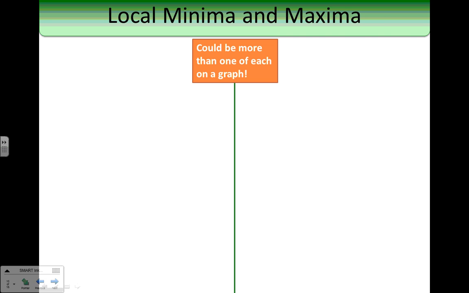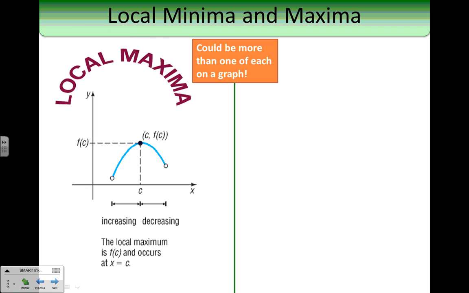So that puts us into the local maxima and the local minima. A local maximum is just the point where the graph was increasing and then it starts to decrease right after. So on this side of the point, we were increasing, and as soon as it got to that point at the top, it started decreasing on the other side. So there can only be a local max if one side is increasing and then it immediately starts decreasing on the other side.